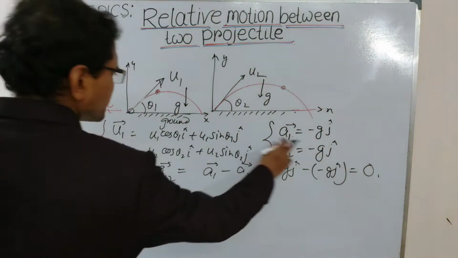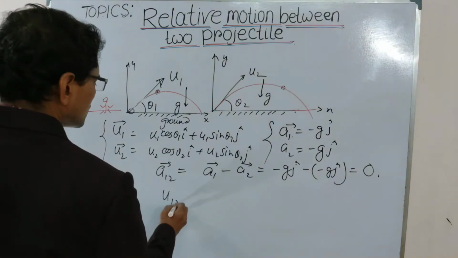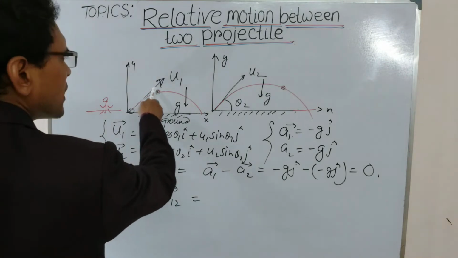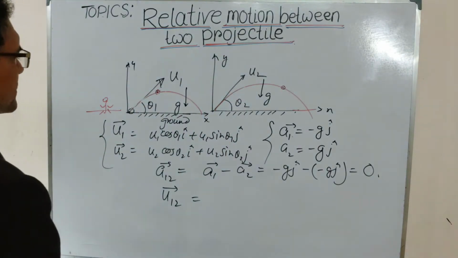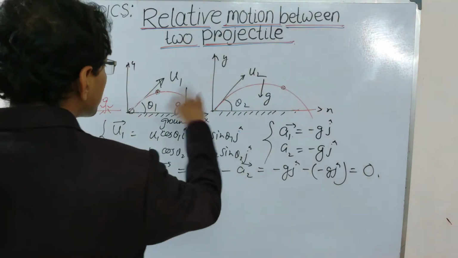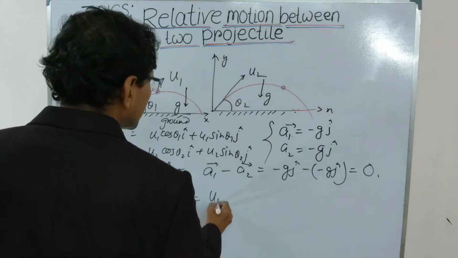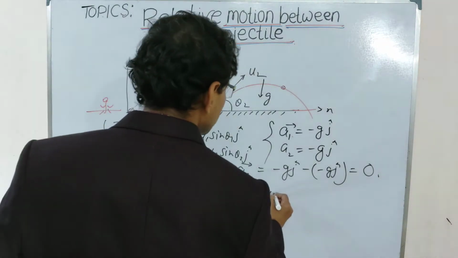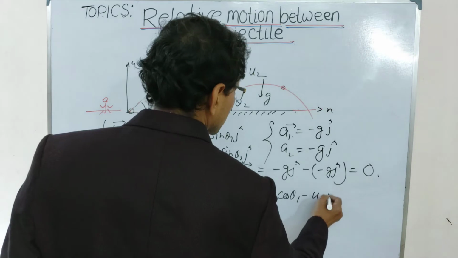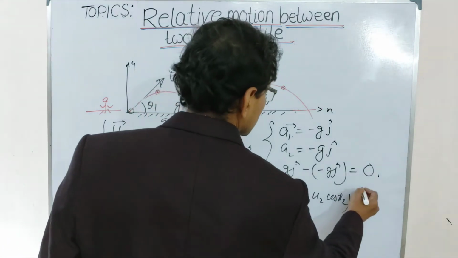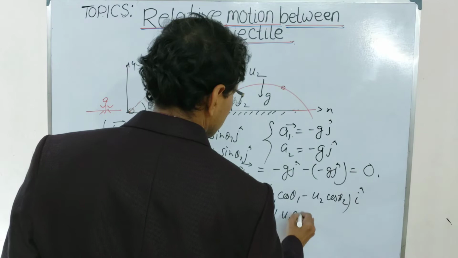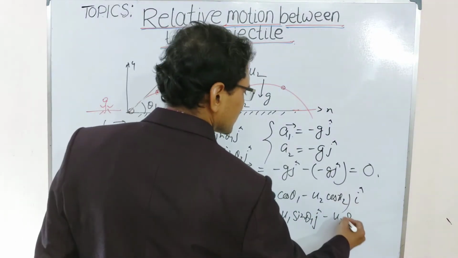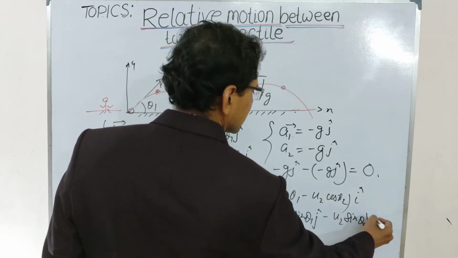Now u12 means the relative velocity of 1 with respect to 2. We can take any one with respect to the other. u12 equal to u1 minus u2, which equals this minus this, that is minus u2 j.